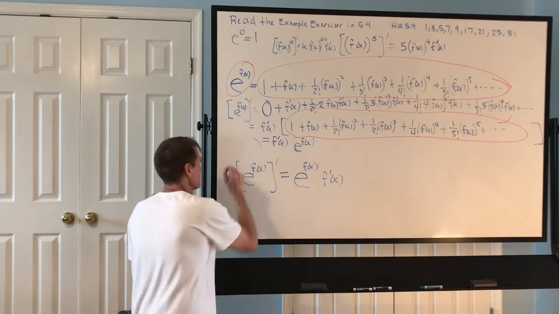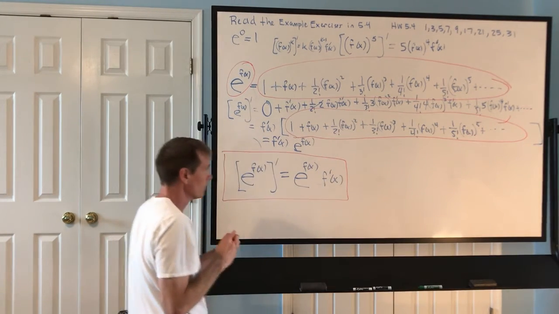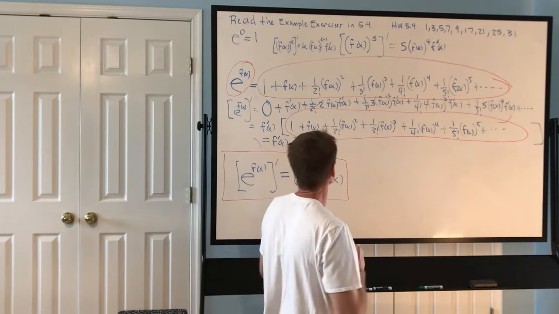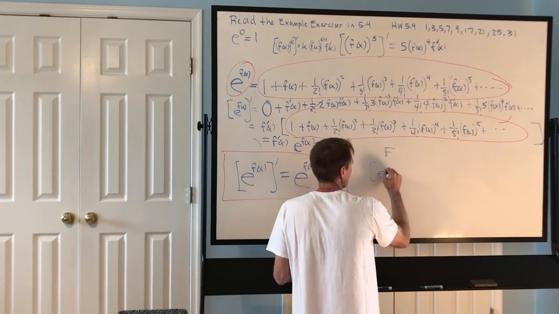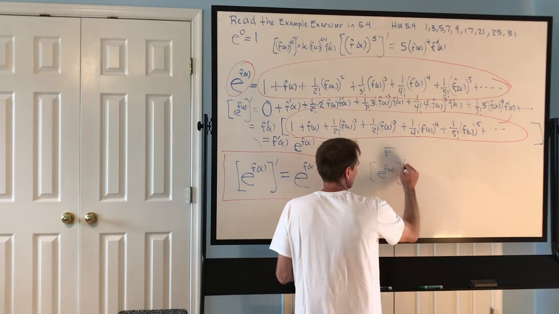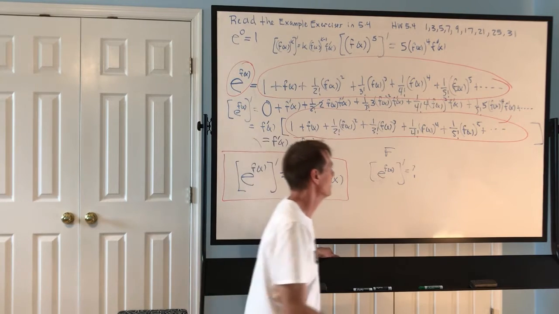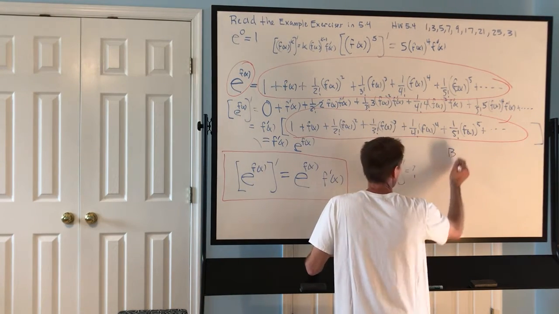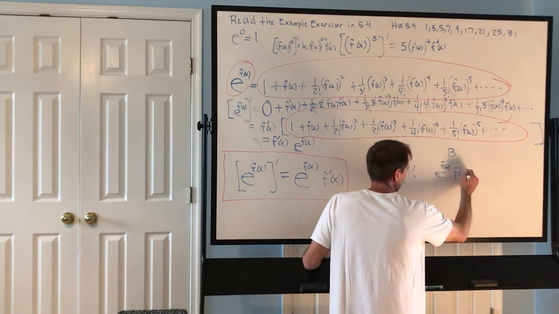And this is a really awesome flashcard. So the front of your flashcard would look like this. That would be the front of your flashcard, the derivative of e to the f of x. And on the back of your flashcard, I want you to have e to the f of x times f prime of x.